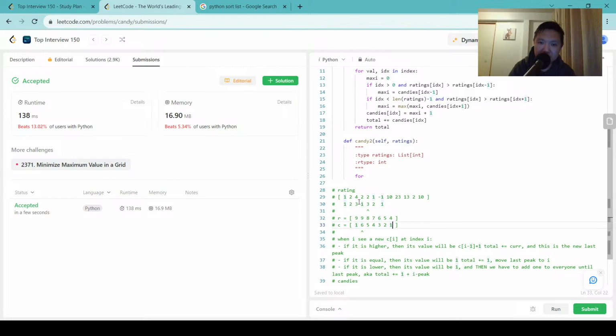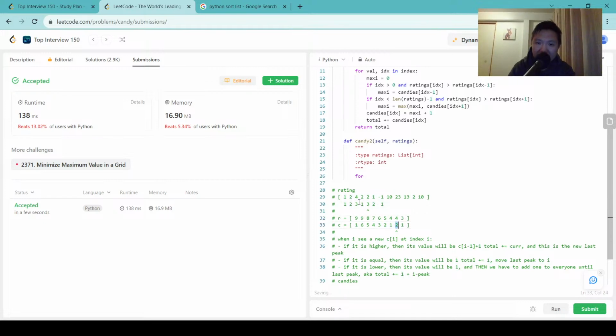And then if my next one is, let's say, 5. Okay, let's say my next one is 4. This will be 1. And what happens if I now move the new last peak here, such that this continues going down?